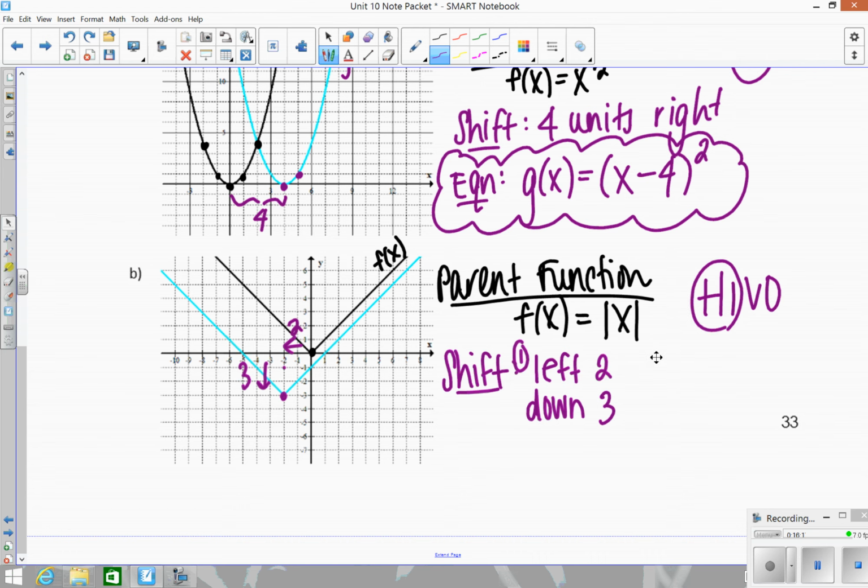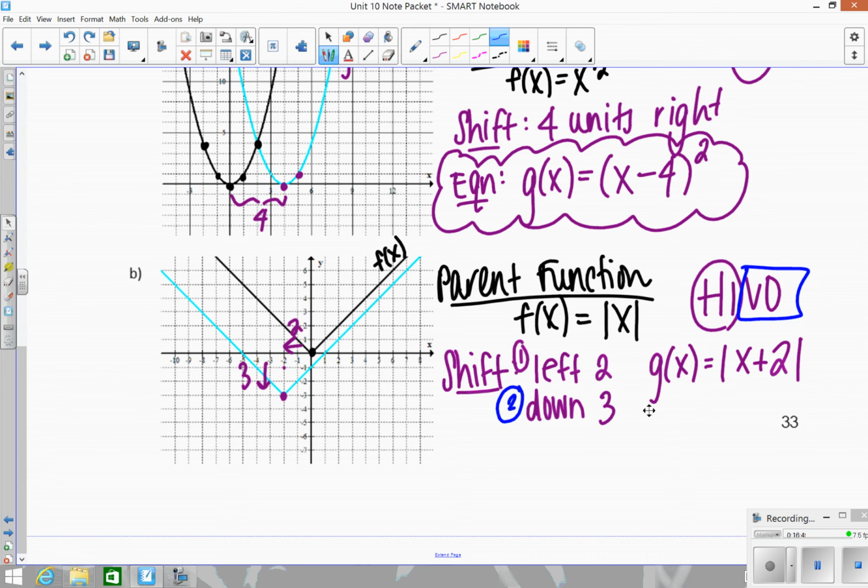So that means when I go to write this function, let's call it g of x again, for this piece, left 2, that means inside of the function is where you're going to do this shift, so it's going to be x plus 2. Because remember, we always do the opposite for horizontal. But then for the vertical, so let's say this is my step 2, I went down 3. So that's the vertical shift, which means that has to go on the outside.